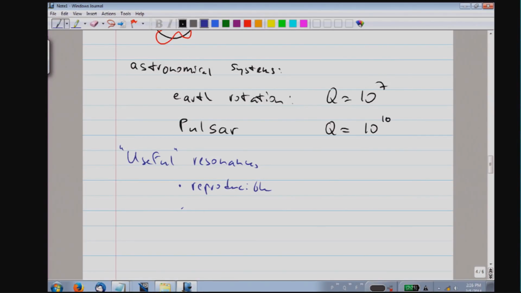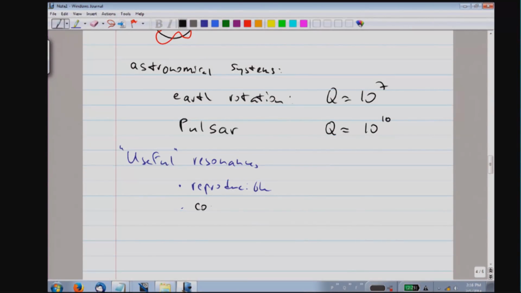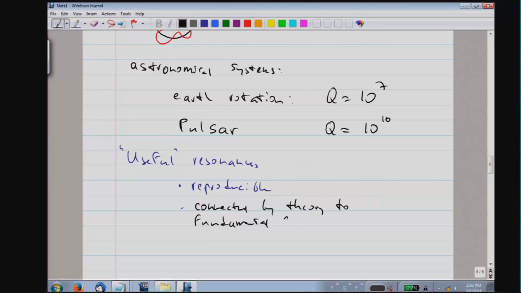So we usually regard resonances as useful when they are connected, by theory, to something we are interested in. It can either be fundamental constants or, well, let me say, other parameters of interest.